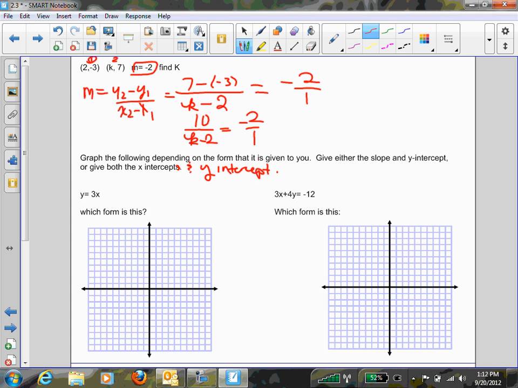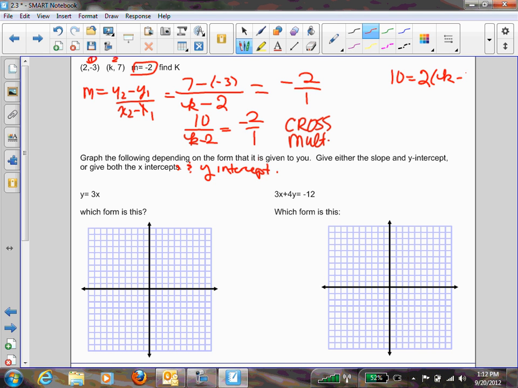I would cross multiply. So we're going to cross multiply. And so I'll get 10 is equal to negative 2 times k minus 2, correct? 1 times 10, and I dropped my negative sign, negative 2 times k minus 2. So what am I going to do with that negative 2? So now 10 is equal to, what am I going to write?